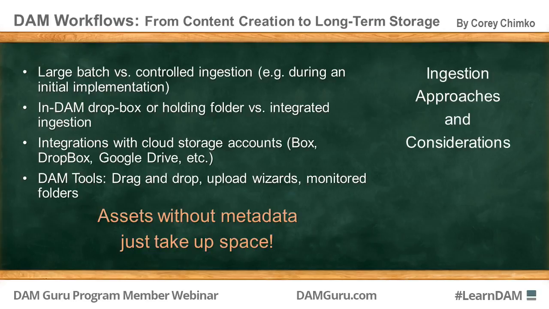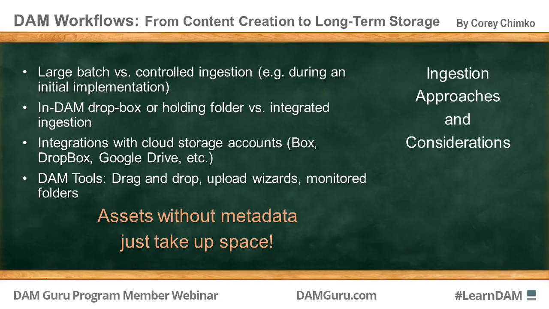You can set your DAM up to monitor your account in Box, Dropbox, or Google Drive, or what have you, and basically ingest anything that goes in there into your DAM. And again, you probably want to have an in-DAM Dropbox or holding folder set up so that you can vet those assets before they become available to everyone.